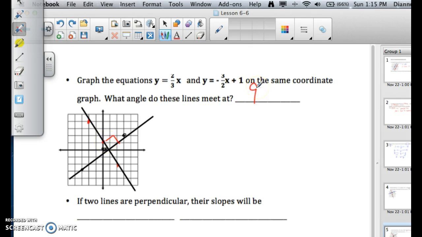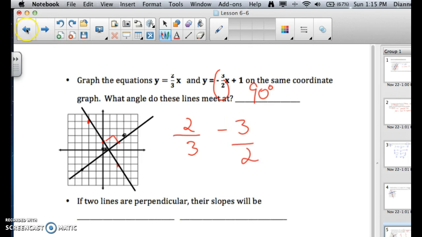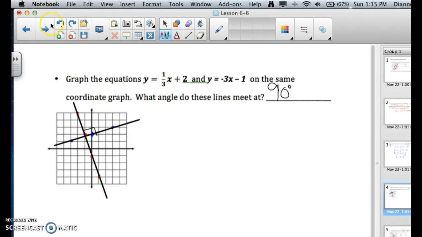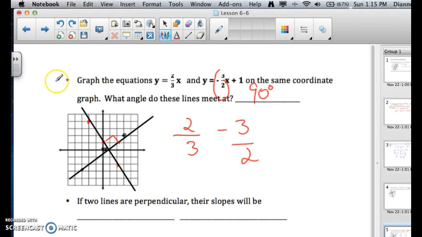So let's go back and look at the slopes of two lines that form a 90-degree angle. This slope was 2/3, and the slope of my second line was -3/2. And on the previous problem, if I go back a page, it was 1/3 and -3.